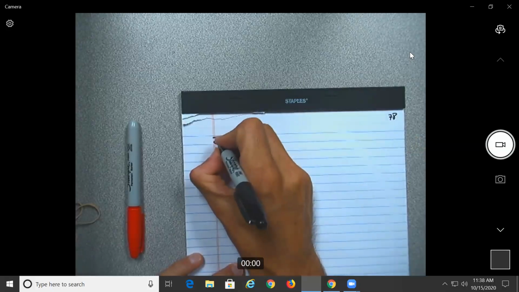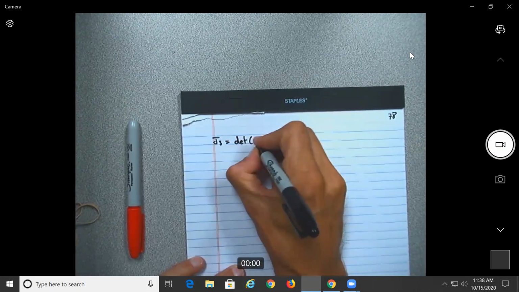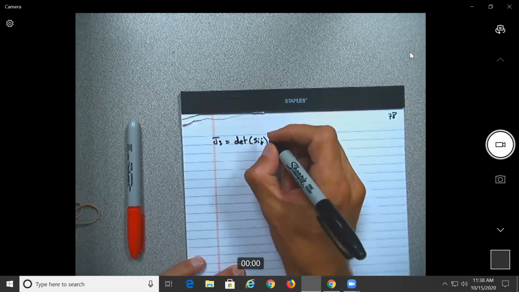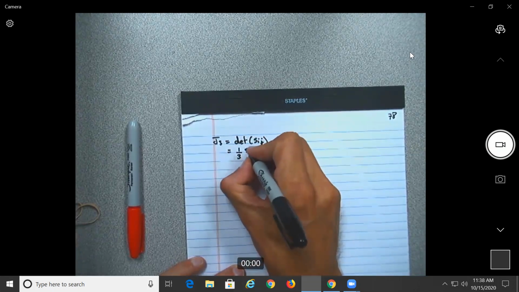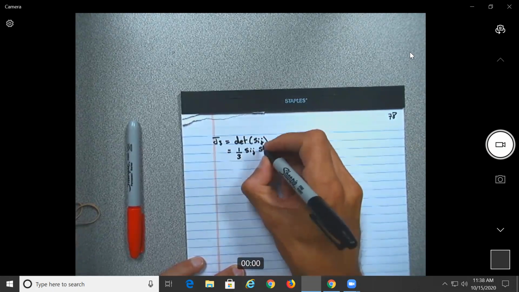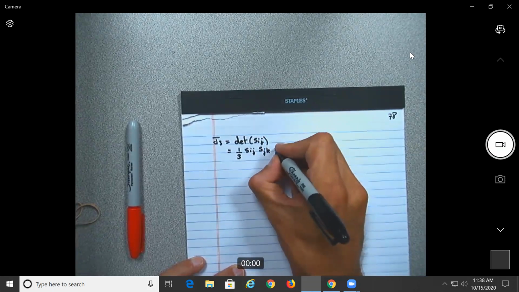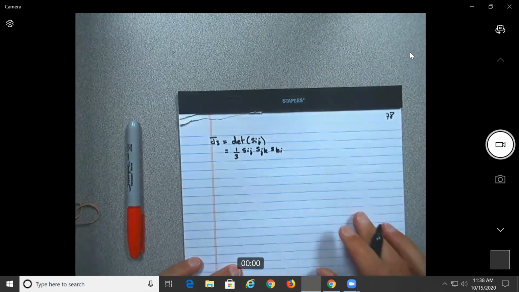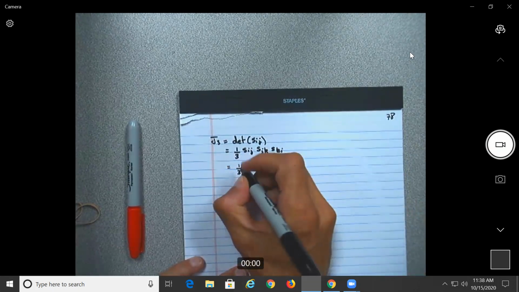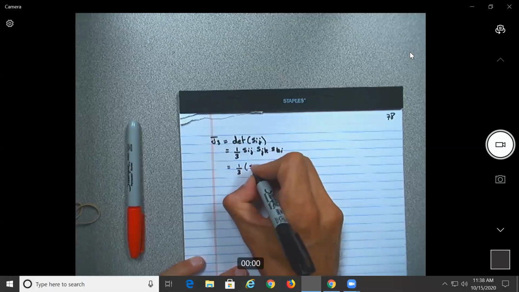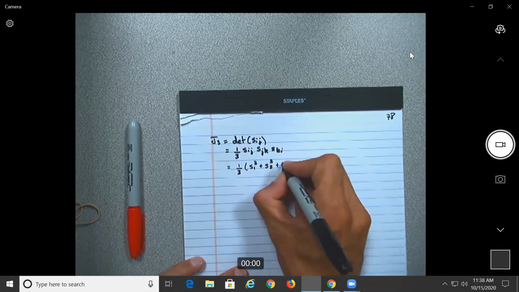So J3 over here is defined as the determinant of Sij, that gives you 1/3 of Sij Sjk, be careful here, Ski, which ends up being 1/3 of S1 cube plus S2 cube plus S3 cube.